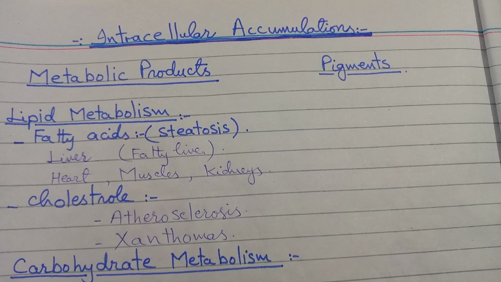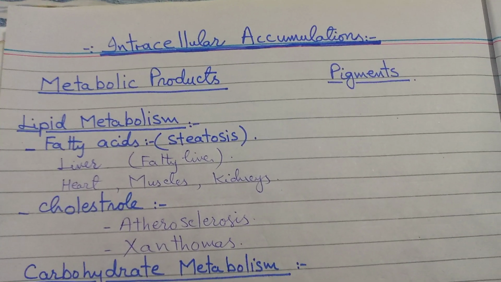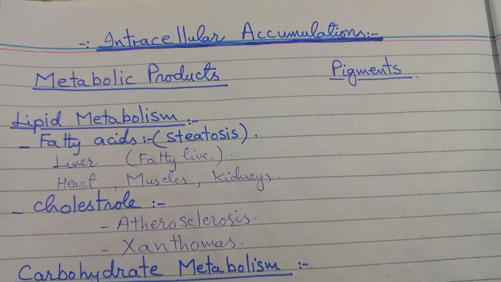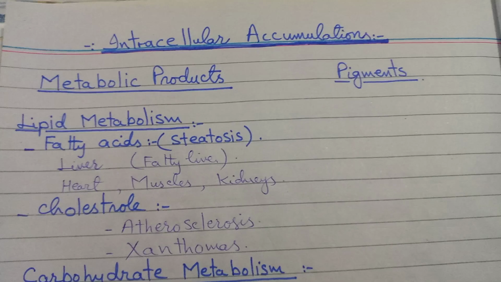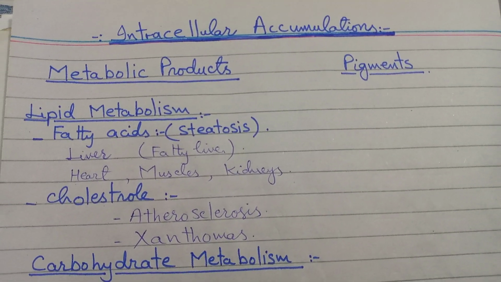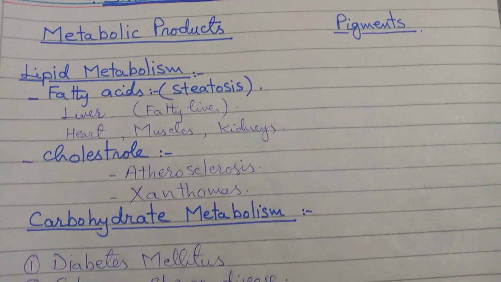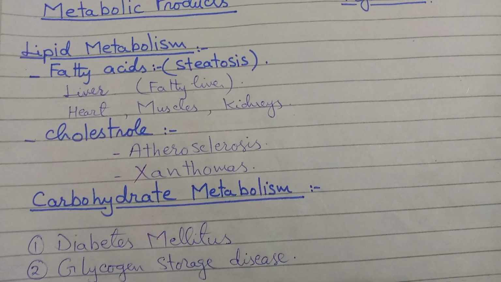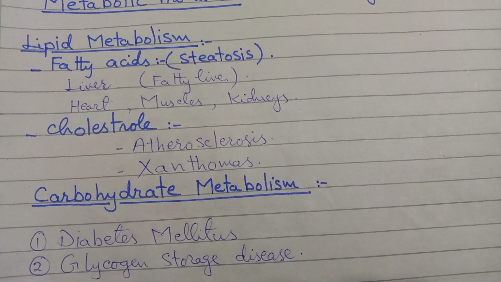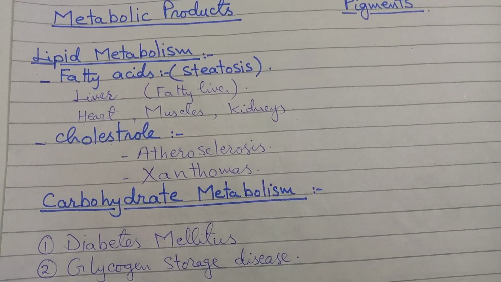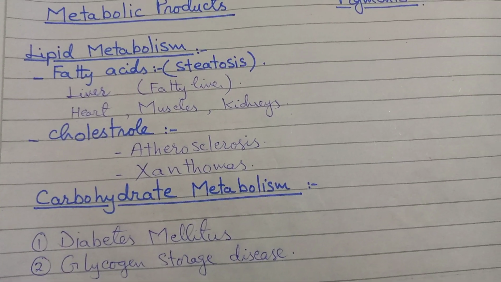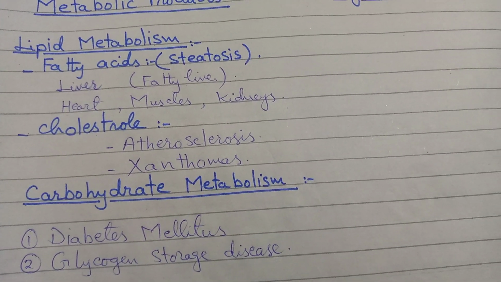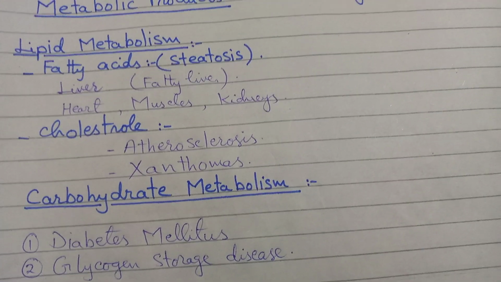Students, you can see in this diagram that intracellular accumulations are of two types: metabolic products as well as pigments. In metabolic products, first of all, lipid metabolism byproducts, fatty acids. The accumulation of fatty acids inside the cell is called steatosis.